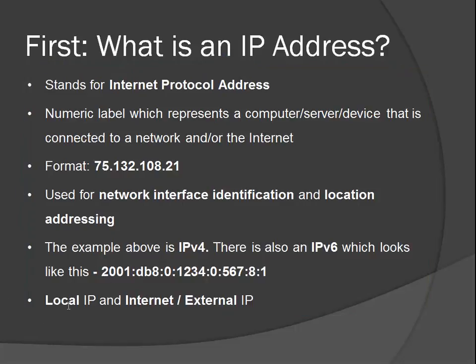Okay, so there are local IPs and internet or external IPs. If you have a wireless router in your home and you have, let's say, a desktop in your office, a laptop in your kid's room, and a desktop in your living room, each one of those has a separate IP address on your network.